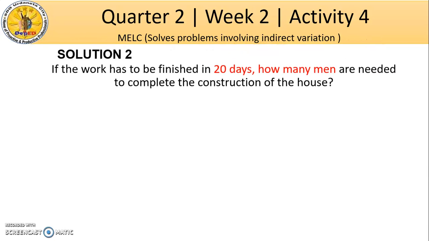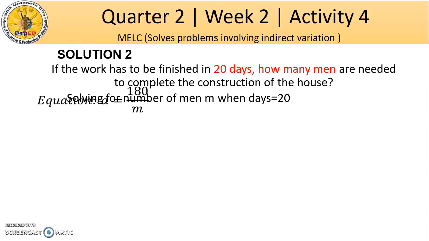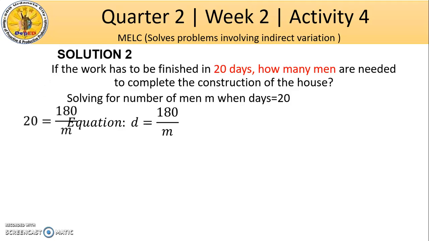For solution 2, we will solve for how many men are needed to complete the construction of the house to be finished in 20 days. So we solve for the number of men when days equals 20. We use the equation from the first solution, D equals 180 over M. So we substitute the values.